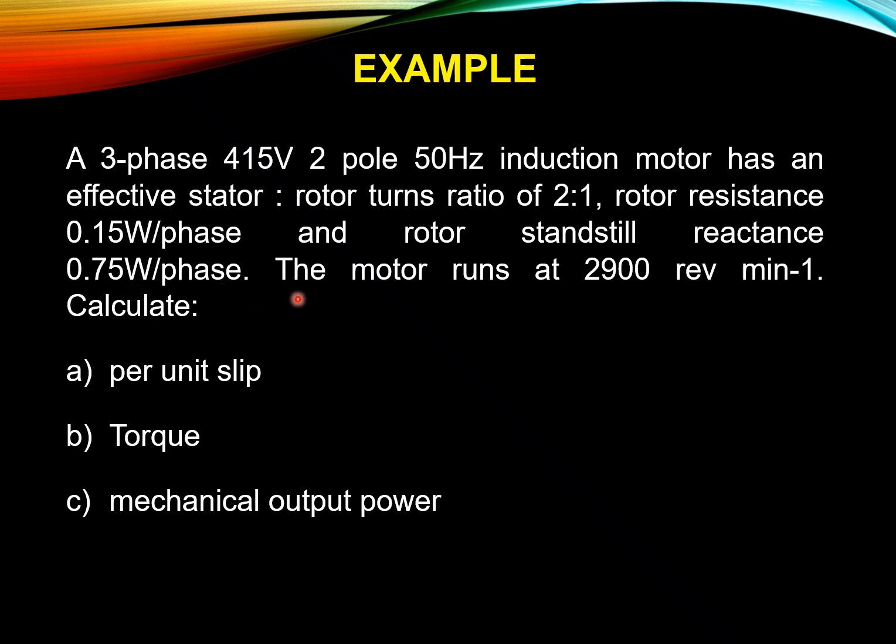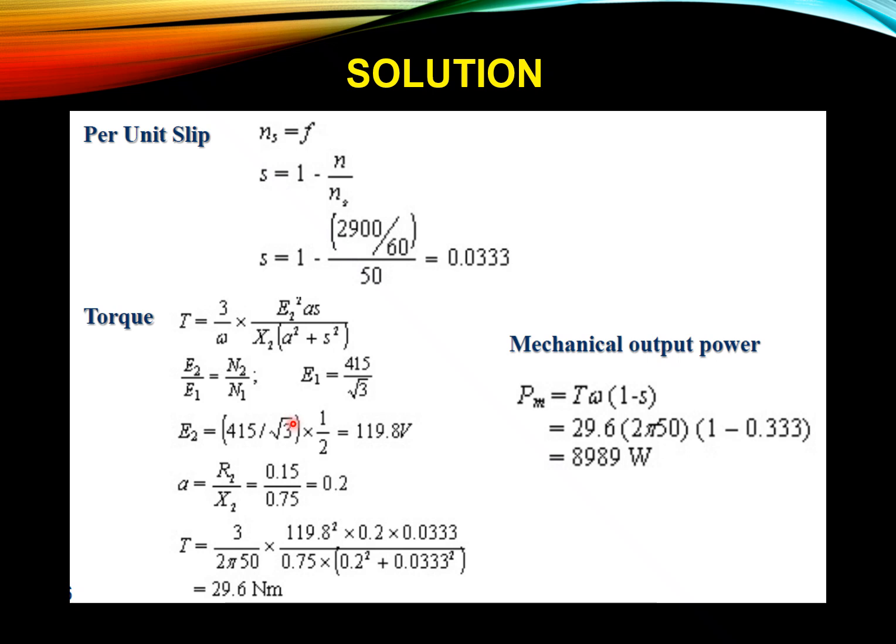The motor runs at 2900 revolutions per minute. The question asks you to calculate per unit slip, torque, and also the mechanical output power. So you need to use the formula given previously.